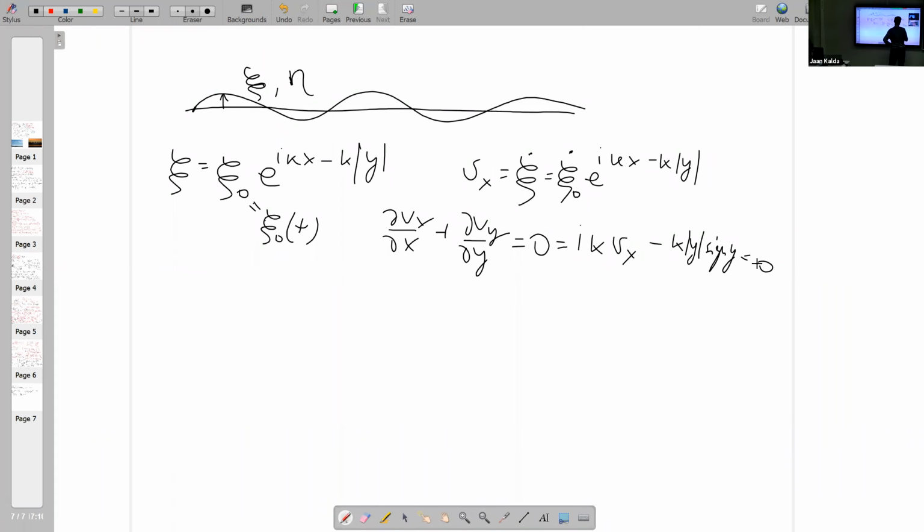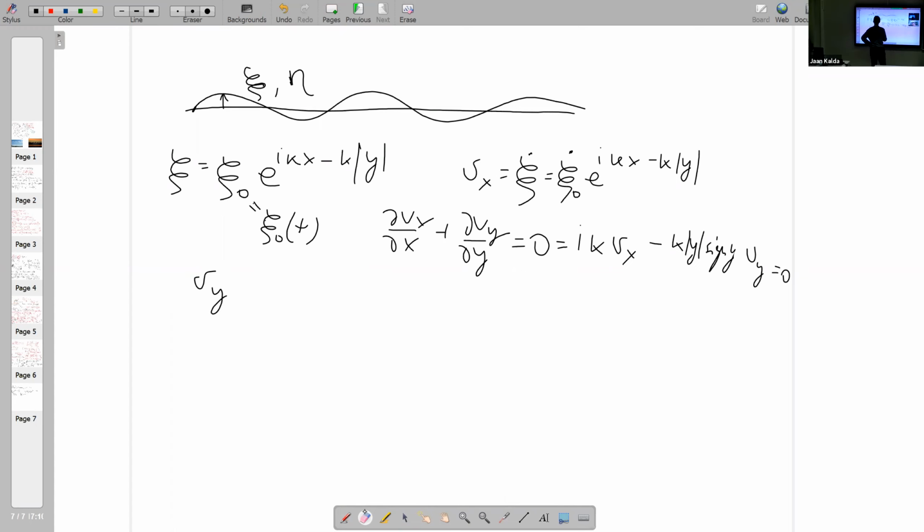And all this must be 0. Yeah, and vy, I forgot here. Let me add here vy, and all must be 0. And from here we can obtain Vy, k goes away. Now why did I have a y modulus? There is no y modulus. When I take the derivative of y modulus, it is signum y just.